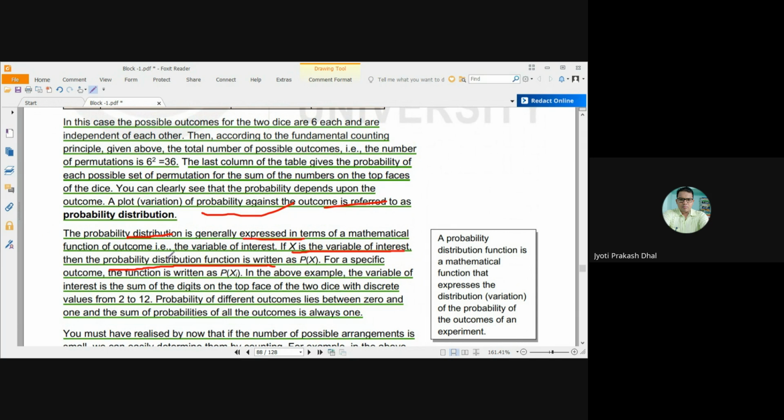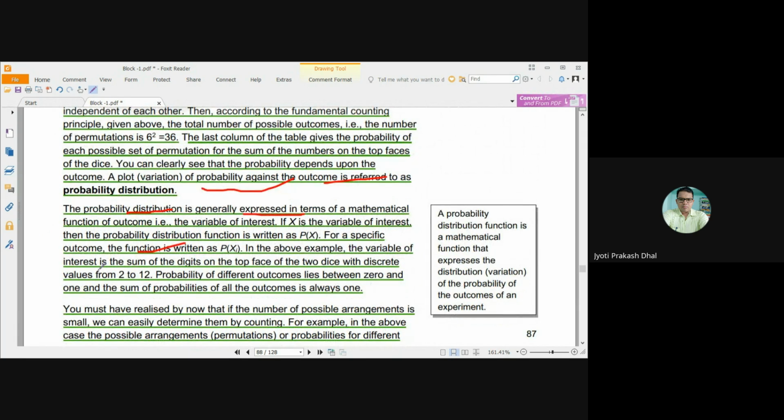For a specific outcome, the function is written as P(x). In the above experiment, the variable of interest is the sum of the digits on the top faces of the two dice, with discrete values 2 to 12.